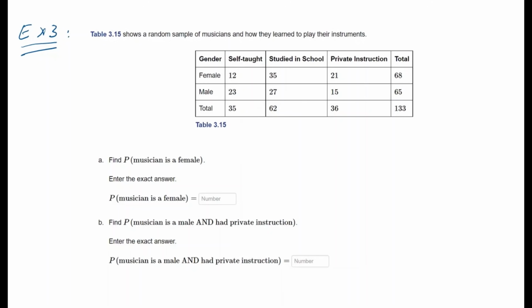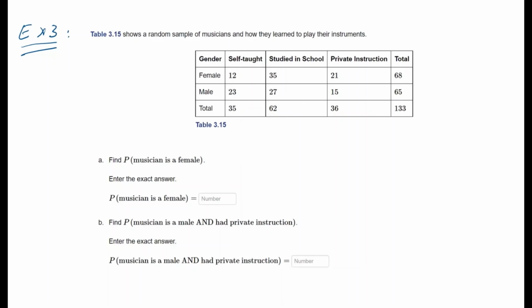Okay, in the questions part A, we have to find the probability that the musician is a female. If the musician is a female, there are no other conditions, so we have to include all types of female musicians, whether they are self-taught, or they studied in school, or they had private instruction. In statistics, when we use this word "or," then it simply means addition of all categories.